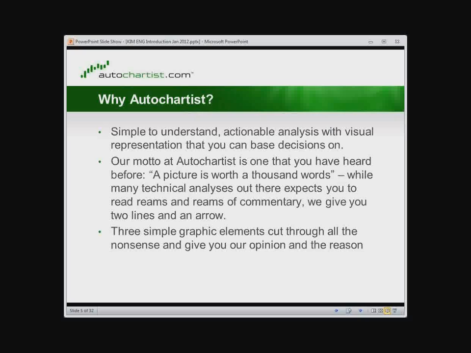One of our main aims at Autochartist also is to make sure that we keep our product and our service and the signals that we send to our customers as simple as possible and as easy to understand as possible. There is enough complexity in the world of trading.